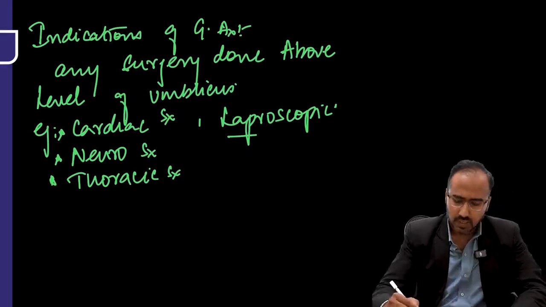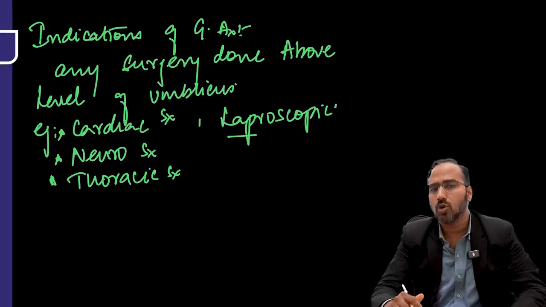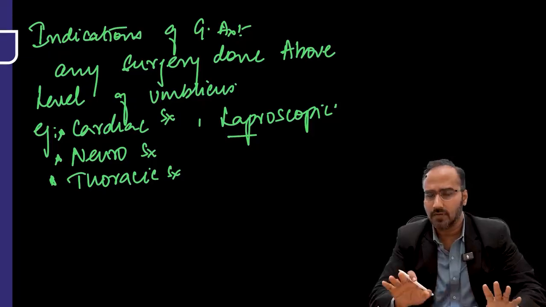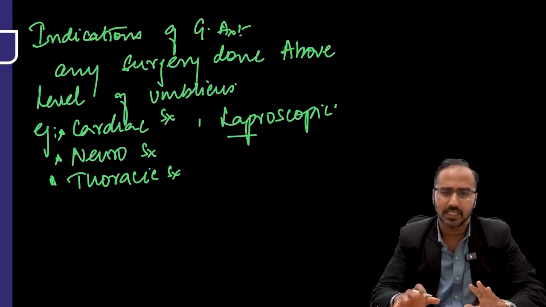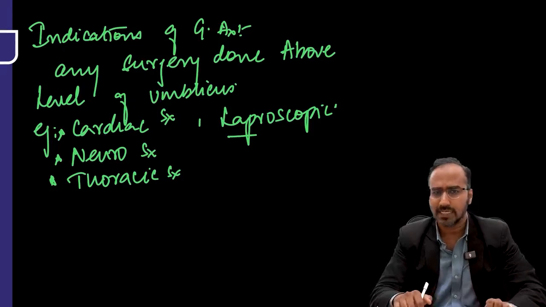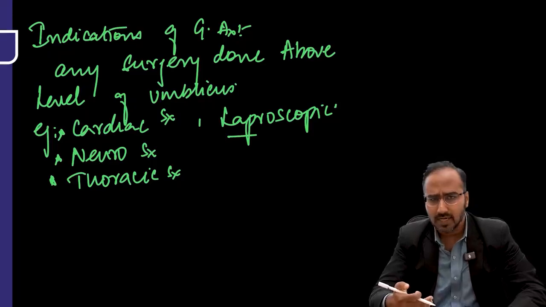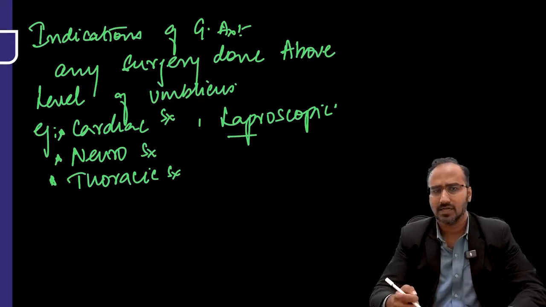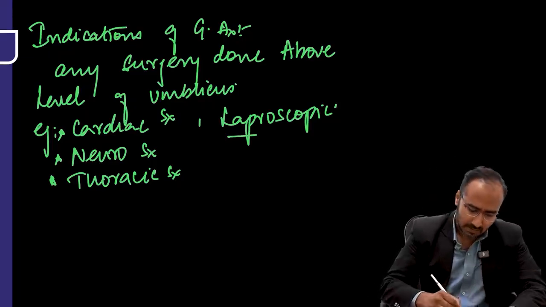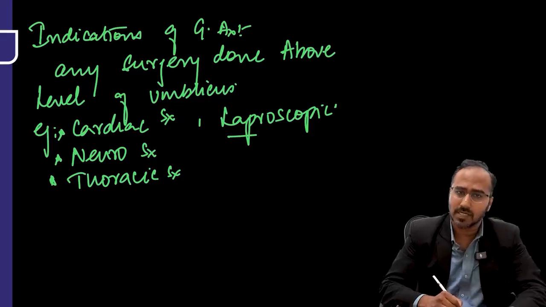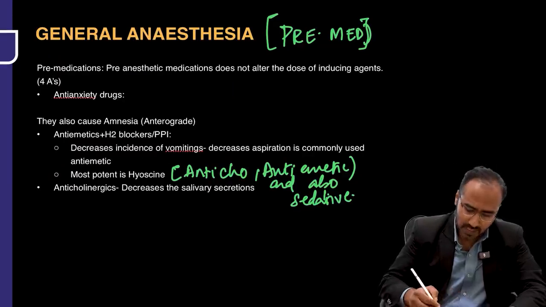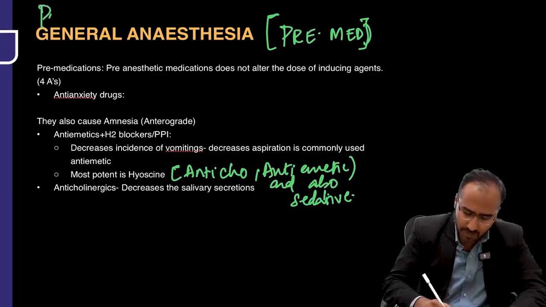Right. So now, guys, before going to in what phases we get general anesthesia, how is it given, what happens to the patient and all, what are the drugs used, we will discuss a few things in context of premedication. Remember, guys, before giving anesthesia to the patient, you take the patient into a room which is called as pre-op room.